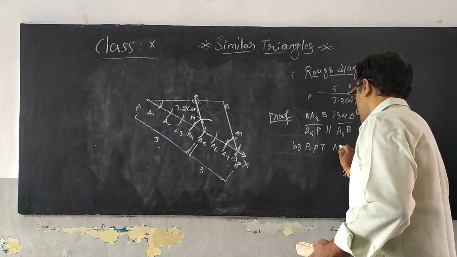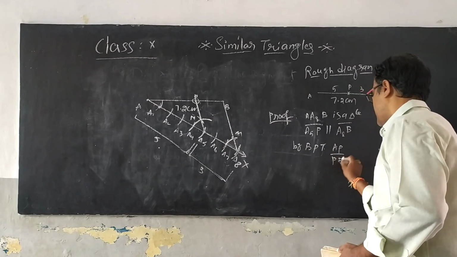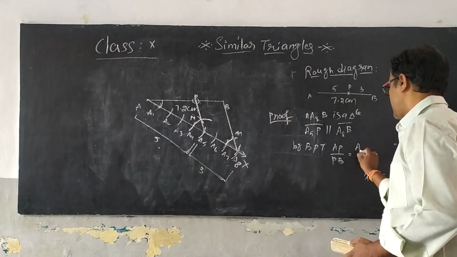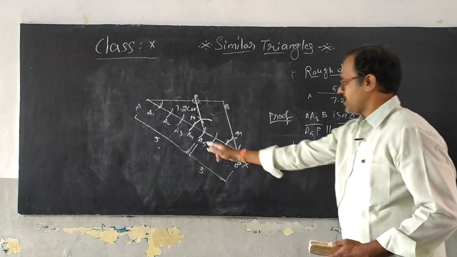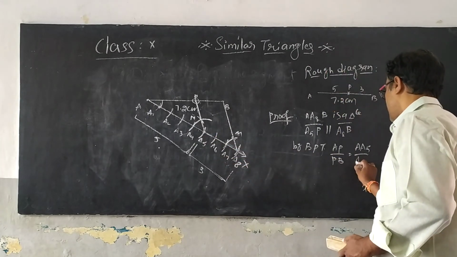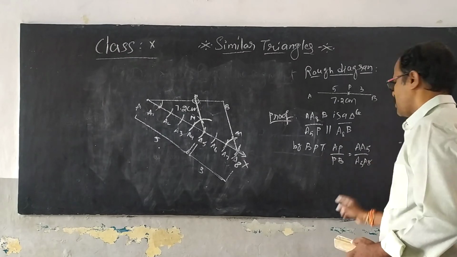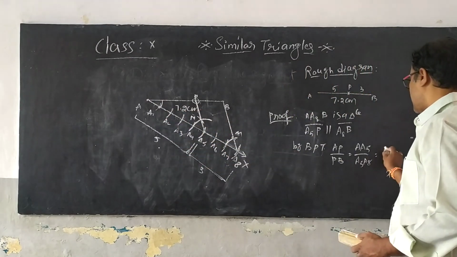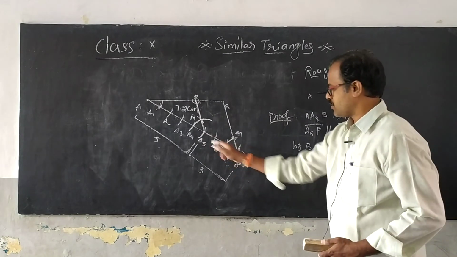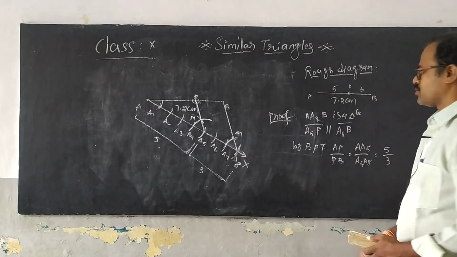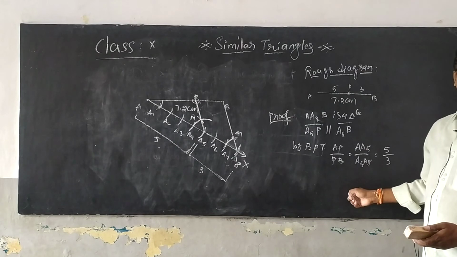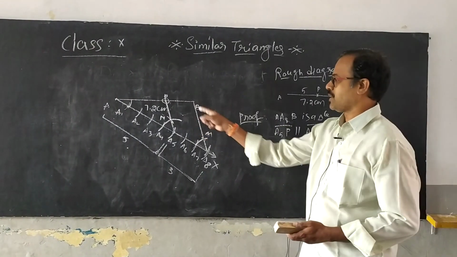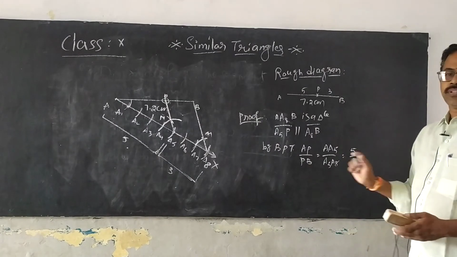AP by PB is equal to A A5 by A5 A8. What is A to A5? This is 5 equal parts. So I give you 5, and from here to here equal parts is 3. So therefore, we took a point P which divides the line segment in the ratio 5:3.